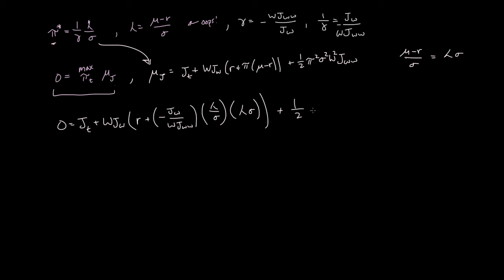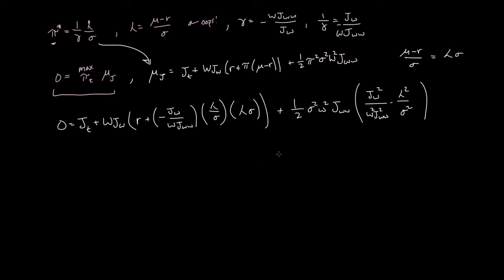Now for the last one, we have sigma squared W squared J_WW. And now we have pi squared, and I'm going to distribute the square over all of these products. So we're going to get J_W squared over W J_WW squared, W squared, times lambda squared over sigma squared, and that's going to be positive now because it entered as a square.